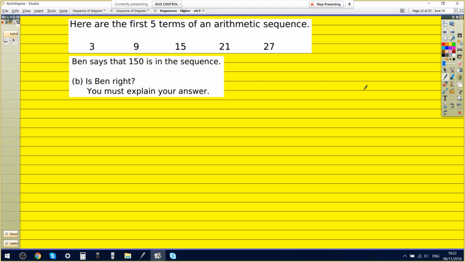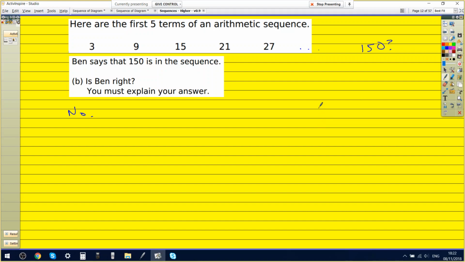No, it's not. Why not? Because I'm not that sure. So, if you keep going with this sequence, would one of the later numbers be 150 or not?